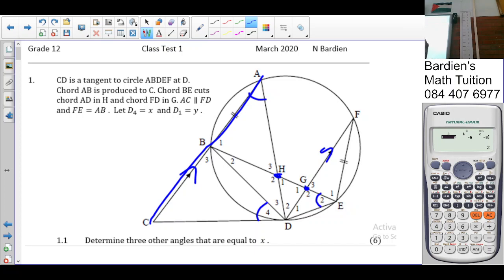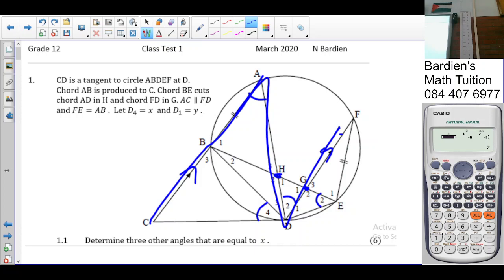If that's parallel, what do we know? The alternate angles are equal. So this angle and that angle are the same. Can you see that, people? Alternate angles. And many other things we can determine from that, like your co-interior. I don't see any corresponding, so no corresponding there.